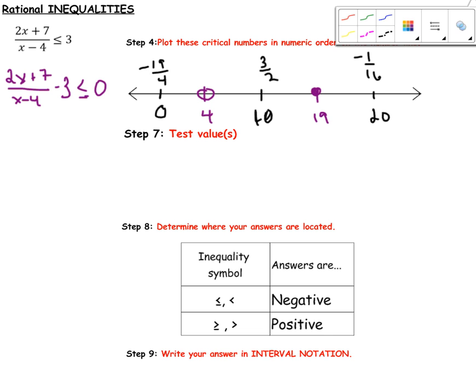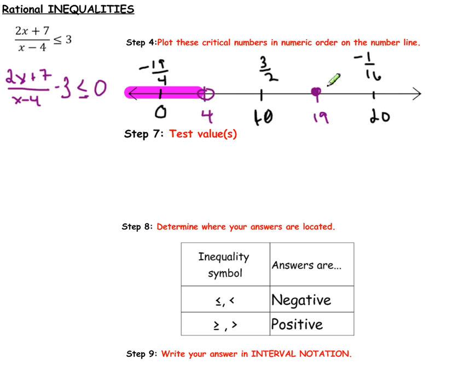Now, the answers I'm looking for are smaller than 0, which means I am looking for answers that are negative. So, pulling out my handy-dandy highlighter, I'm going to highlight where I am negative. I am negative here, and I am negative here, because I'm checking the signs of the answers I got from my test values.